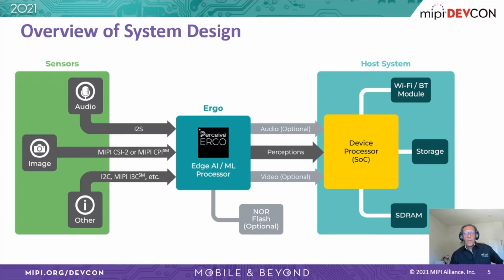In the middle of the slide, you see the processor with the NOR flash, which can be used for fast boot up. On the right-hand side sits the SoC, which receives both the perceptions and the raw audio and video data, which are used in tunneling applications.